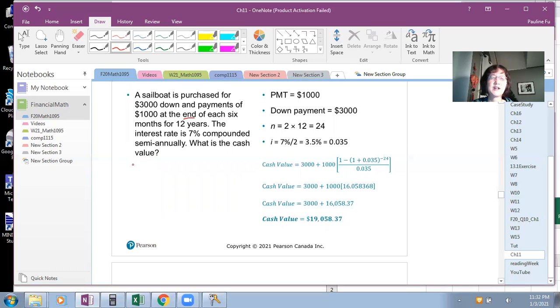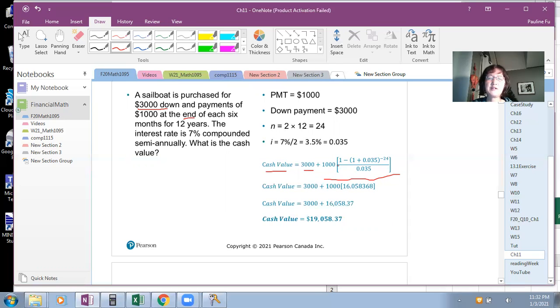So cash value is equal to the down payment plus the present value of the payments. This is the down payment plus the present value of the annuity.